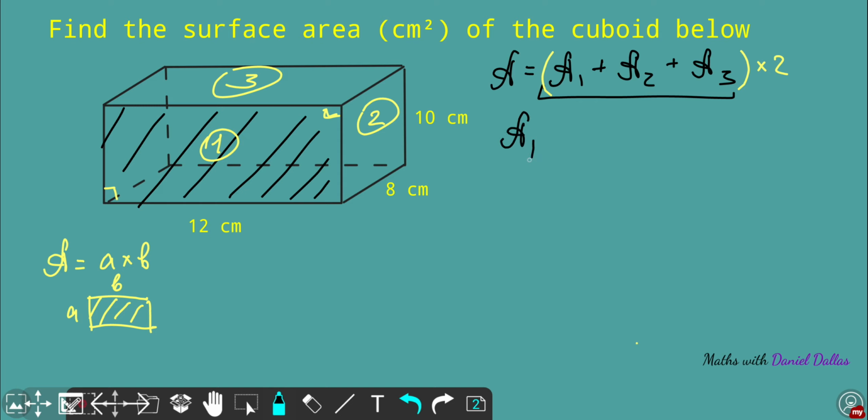Let's calculate quickly. The area of face 1 is a rectangle 12 by 10. This is typically the length, this is the width, and this is the height. We simply multiply 12 by 10, and that's how we get 120 centimeters squared. Pay attention to the units; everywhere it's centimeters, so there is no problem with that.